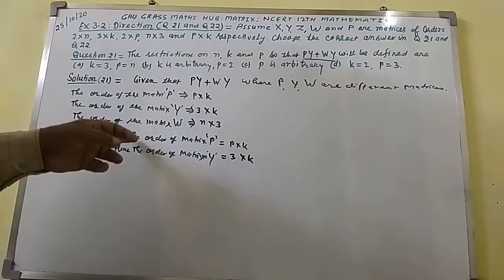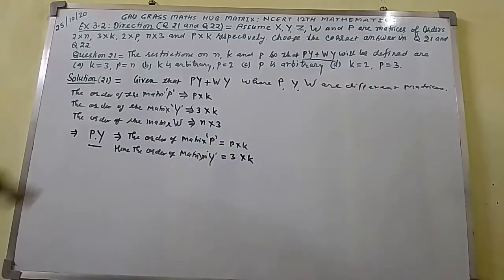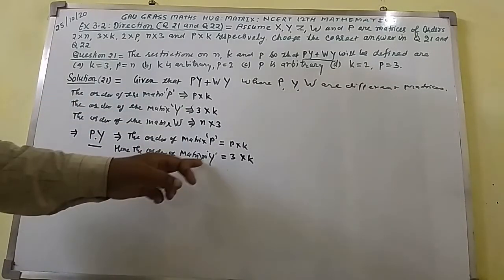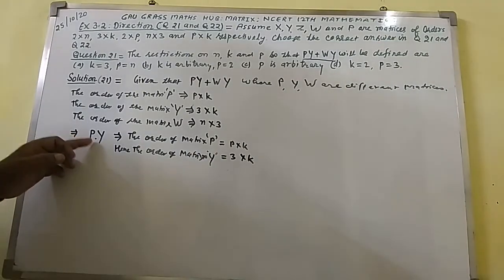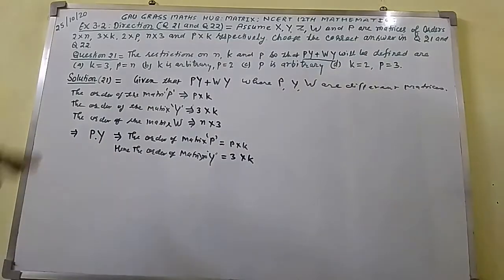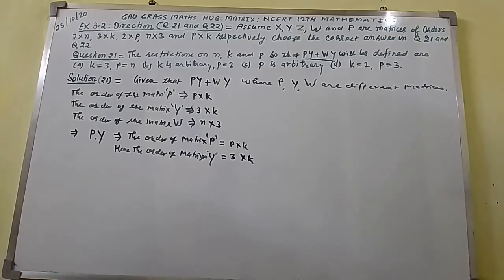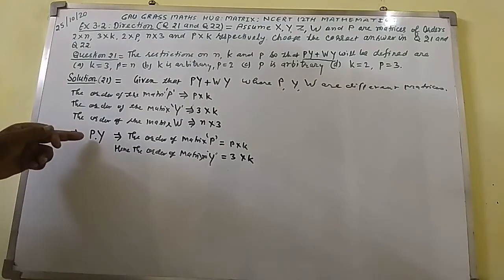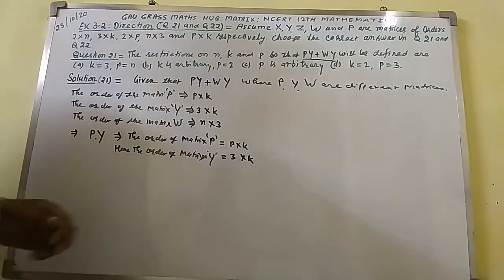The order of the matrix P I have written here P into K. Second one, the order of the matrix Y I have written 3 into K. Here you can see the matrix P is multiplied to matrix Y. The multiplication of two matrices P and Y will be possible when the number of columns of the matrix P is equal to number of rows of matrix Y.